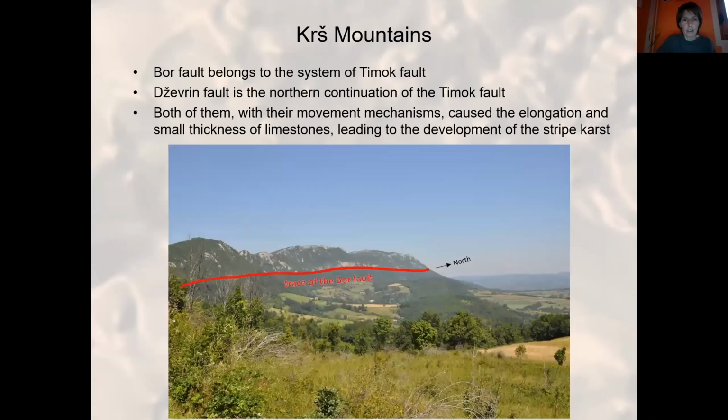Okay, and here is a photo of the southern slopes of Mali Krš, one of the components, and here is a proximate trace of bore fault. And it also follows the same pattern, and all of them with their movement mechanisms cause the elongation of and small thickness of limestones, leading to the development of stripe karst.